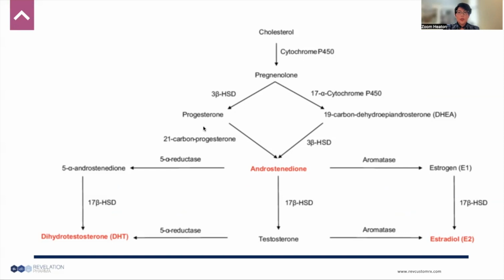You've got your progesterone here, and here using 3-beta hydroxysteroid dehydrogenase, it is converted to androstenedione, and from there you've got 17-beta hydroxysteroid dehydrogenase, and it goes directly to testosterone. Now, testosterone can be converted using the 5-alpha reductase into DHT, which is dihydrotestosterone, or it could be aromatized using the aromatase enzyme, and it's converted to estradiol.